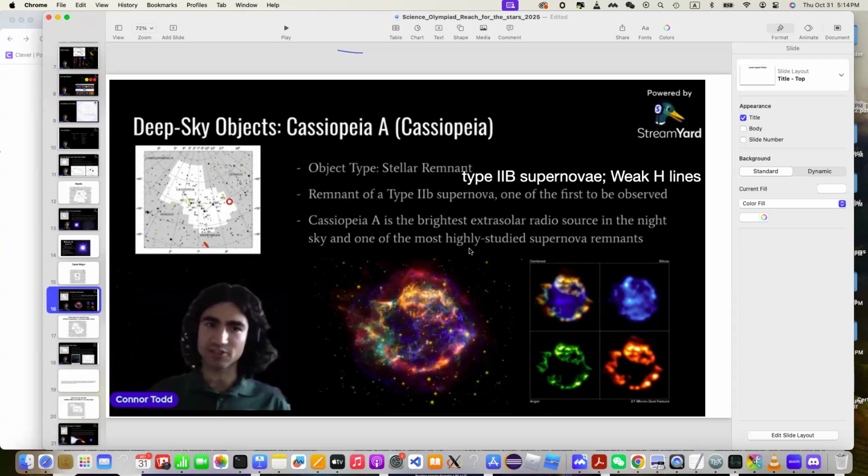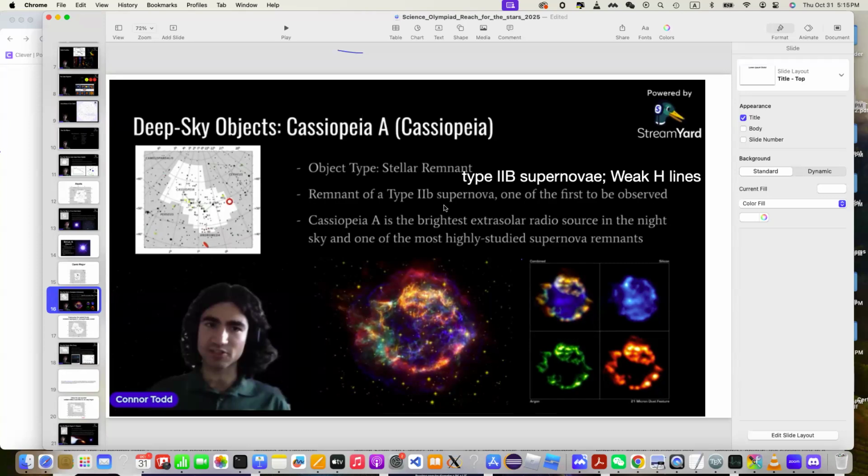As you see here, this is a type IIb supernova, and it has weak hydrogen lines. A type IIb supernova is created by supermassive stars that collapse and explode.